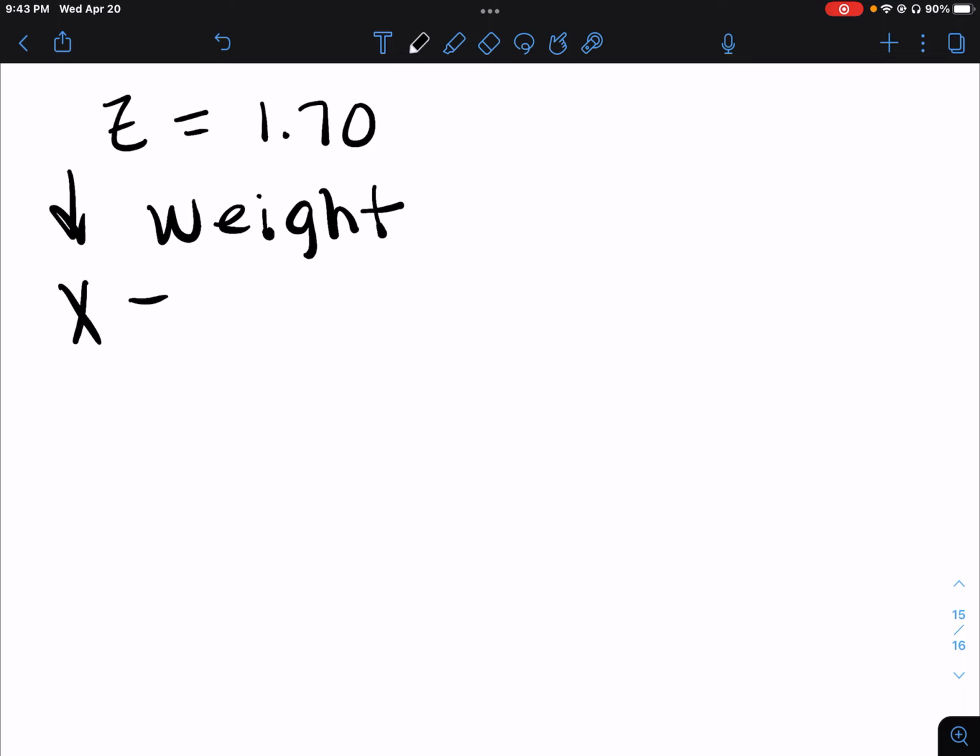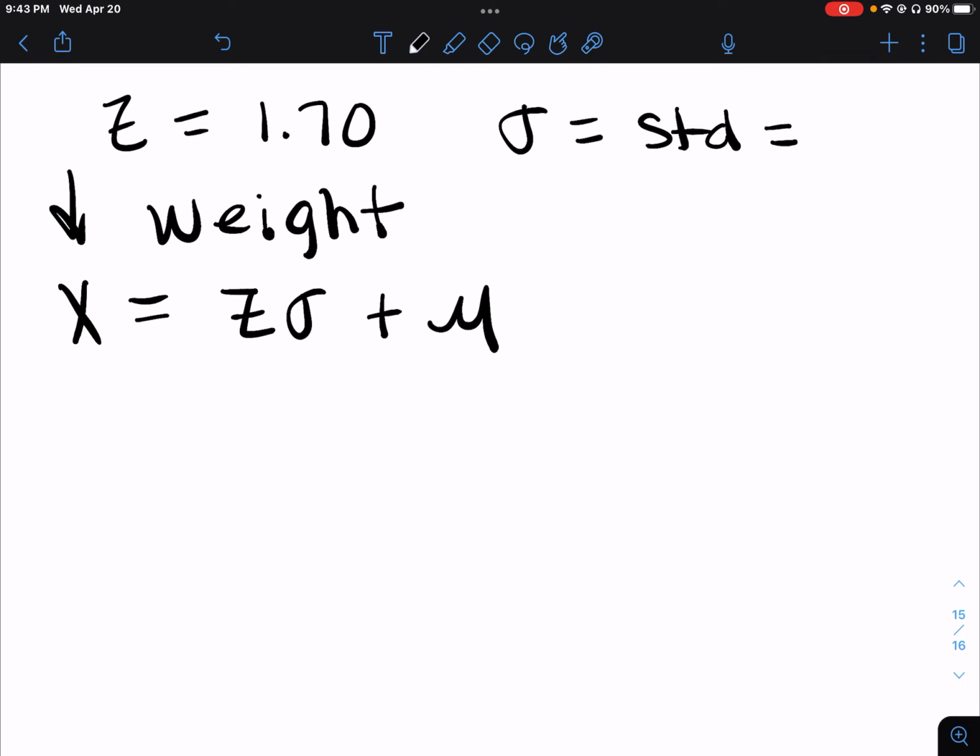The formula: we know z, and the standard deviation was given to us, which was 1.25, and the mean that was given to us was 7.5.